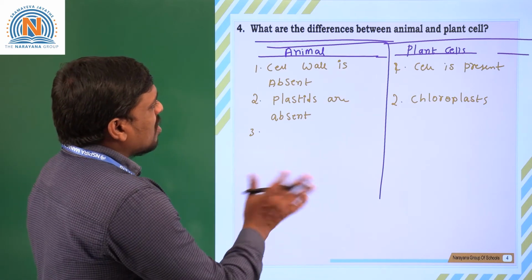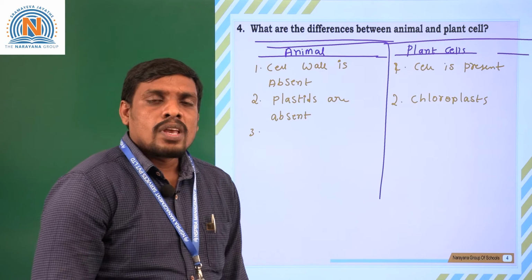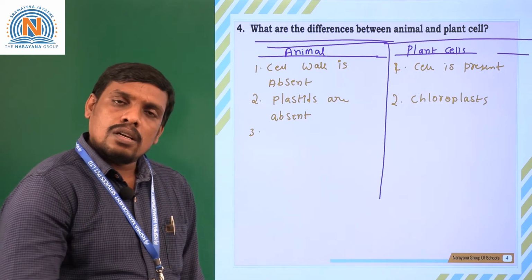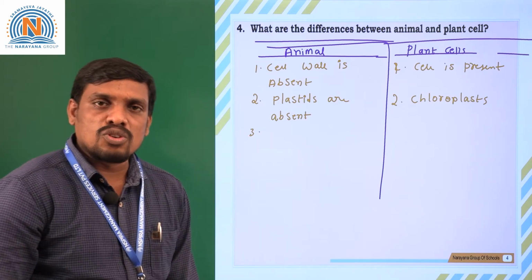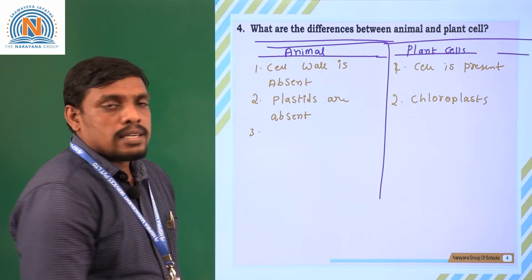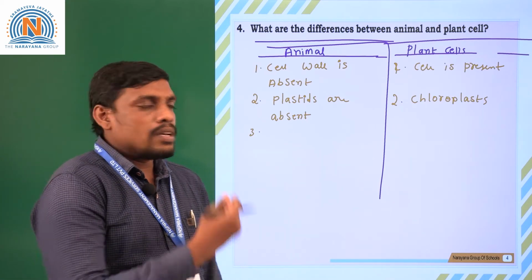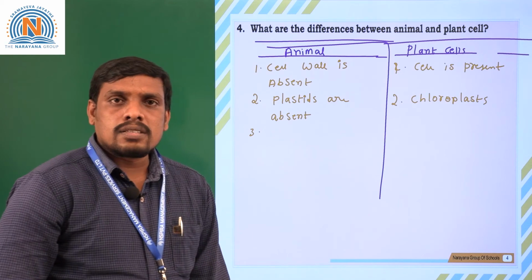What are the common organelles seen in the animal cell and plant cell? Animal cell contains nucleus, whereas plant cell also contains nucleus. Animal cell contains cytoplasm, whereas plant cell also contains cytoplasm.